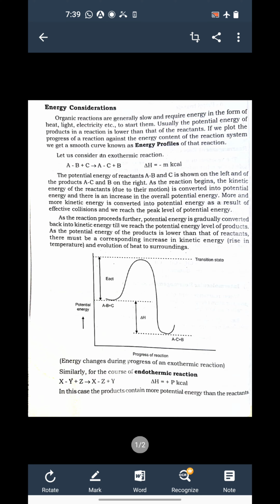We discuss all these phenomena: the kinds of effects, that is the resonance effect and how it affects the reaction, then the inductive effect, electromeric effect, hyperconjugation, hydrogen bonding, and how the reactant gets converted to product.